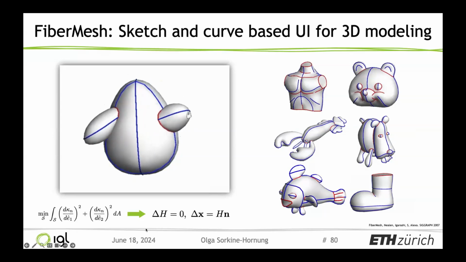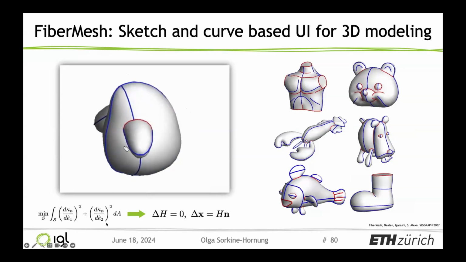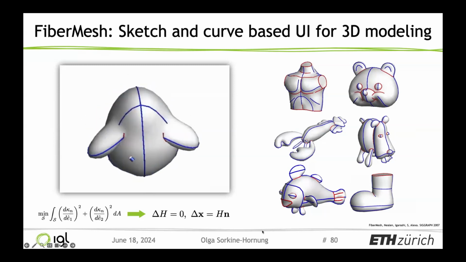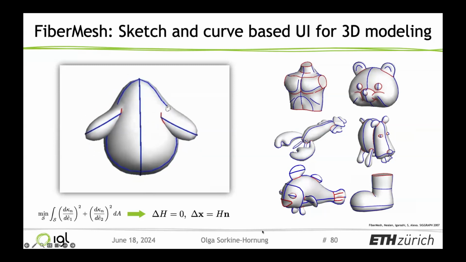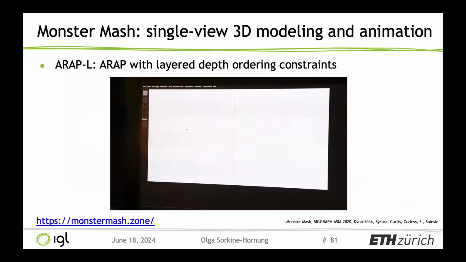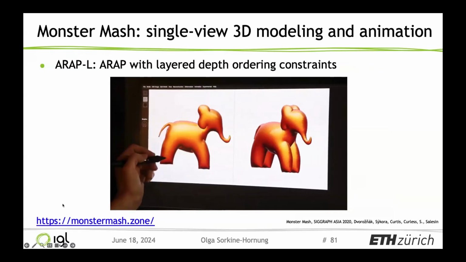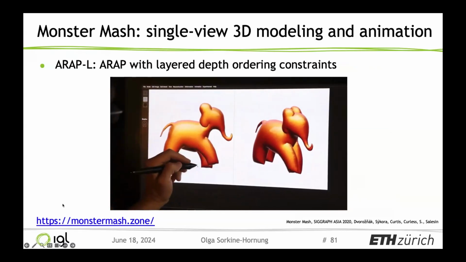So here again, no deep learning, there is just a formula of curvature optimization that produces these 3D surfaces. And more recently, in 2020, together with some colleagues from Google Research, we expanded it to single view modeling and animation of shapes.